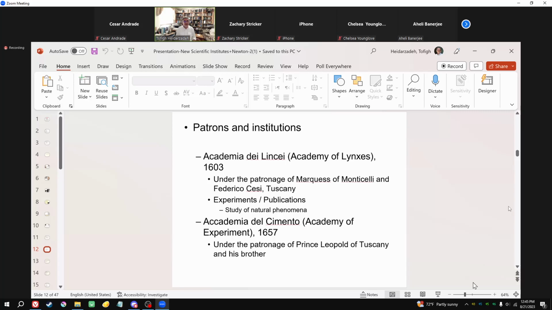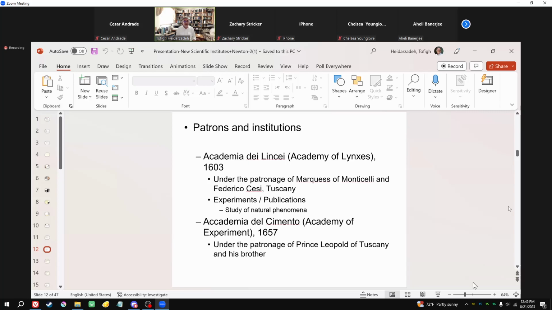Now, what do we see in this period, in the 17th century, starting from the early decades and after the second half of the 17th century? We see that three categorically different scientific institutes appear in Europe. What kind of scientific institutes?